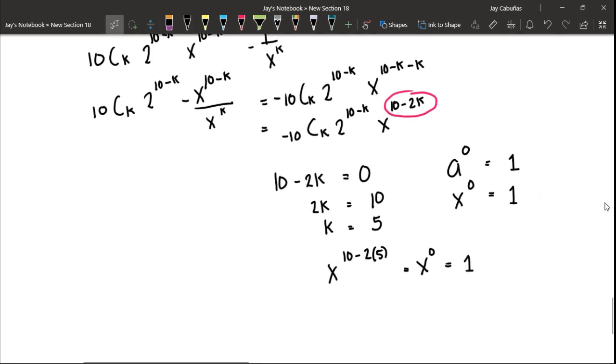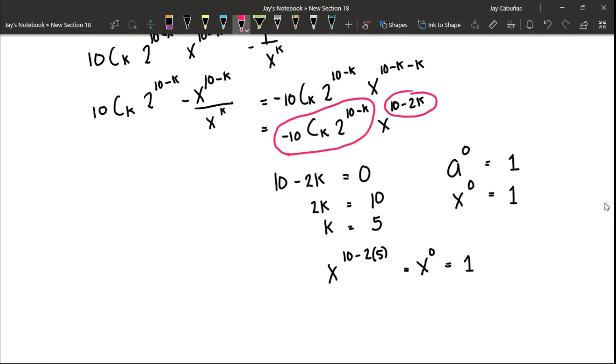So we can eliminate the variable x in our expression, and what remains is the negative 10C5 times 2 raised to the 10 minus 5. So this is the remaining term in our equation, and that is the constant that we are looking for.